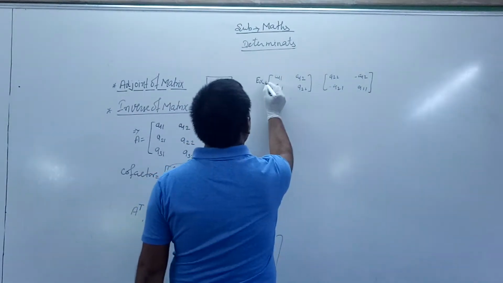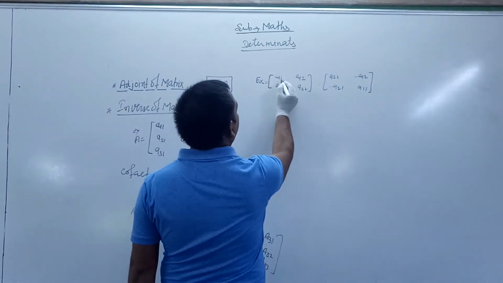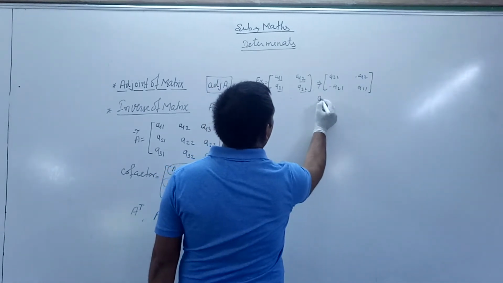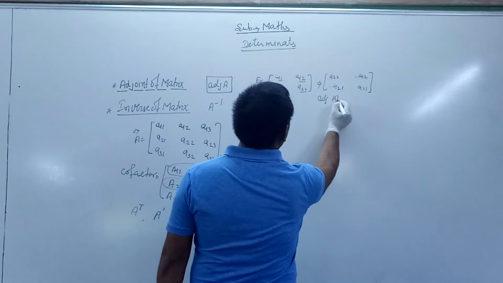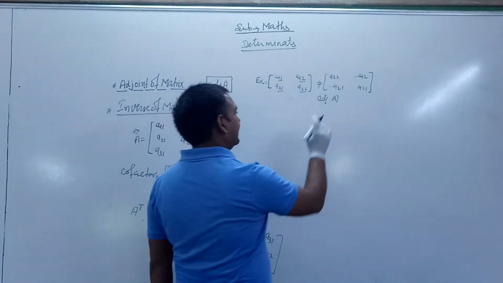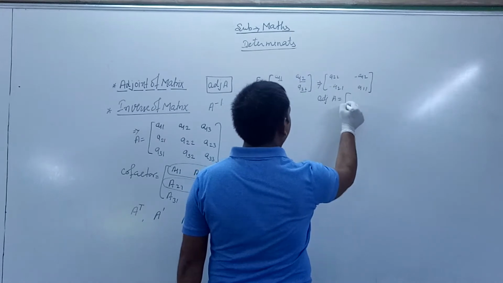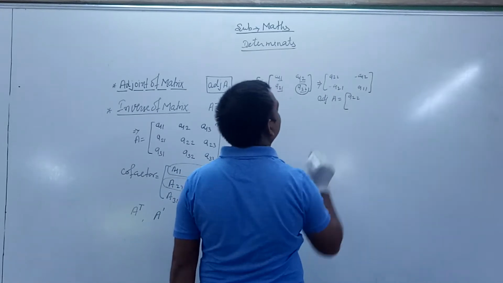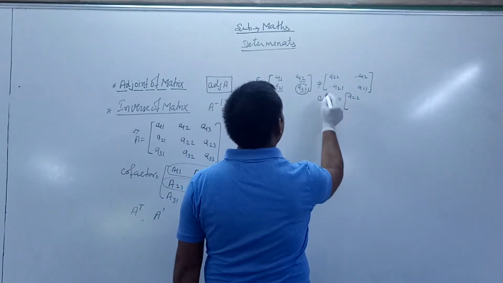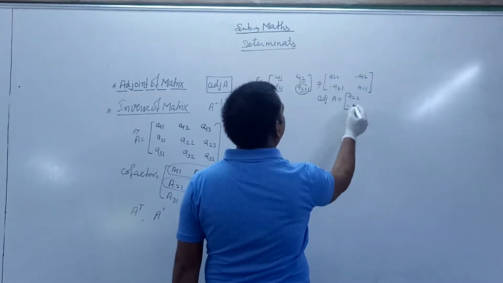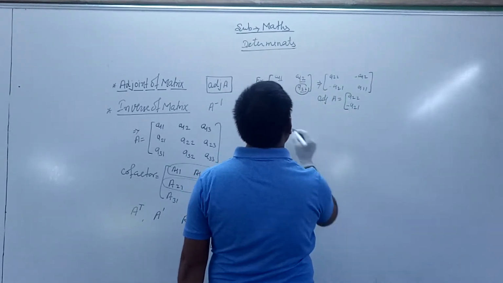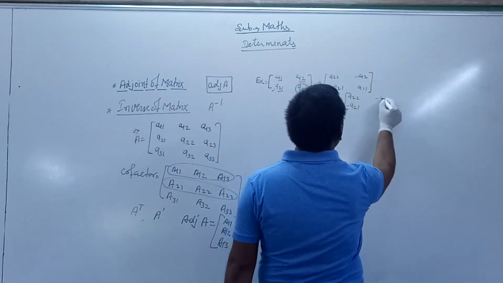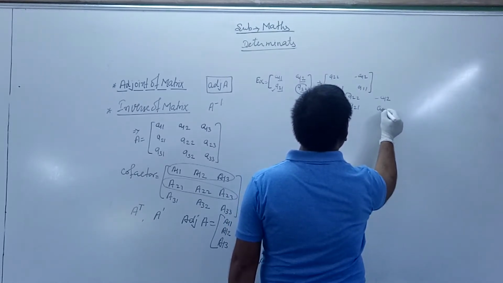Suppose the elements are A11, A12, A21 and A22, and you want to find the adjoint of A. In that situation, you take the element A22, then for the other elements you take the negative sign: minus A21. After that you take minus A12, with the negative sign, and then A11.